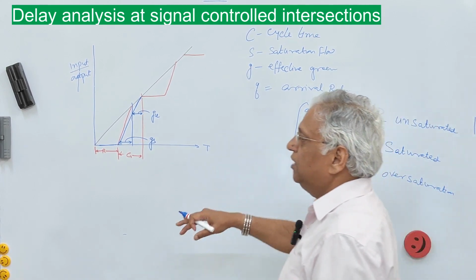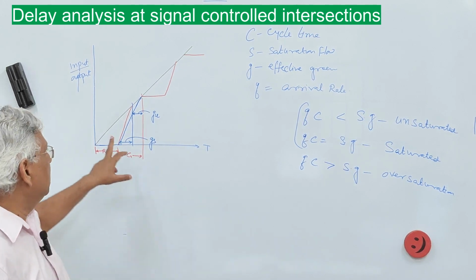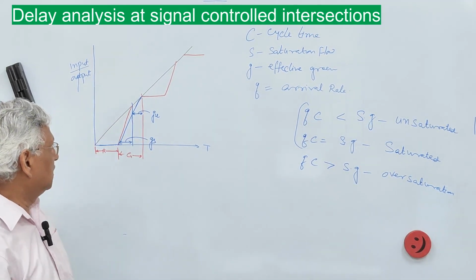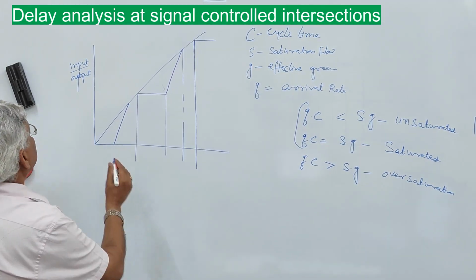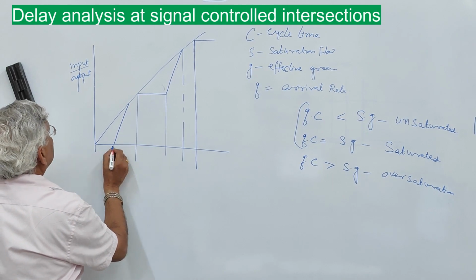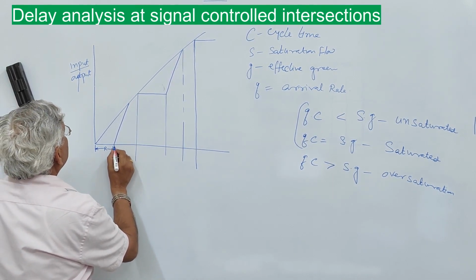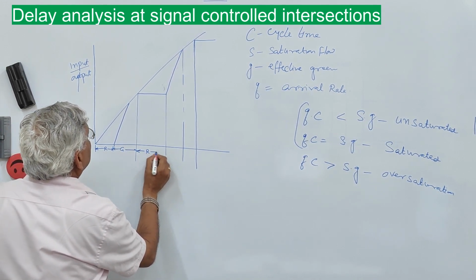Now, how do we calculate the amount of delay to a vehicle in an undersaturation condition? Let me draw this figure again. Now, this is red. This is green. Again red.